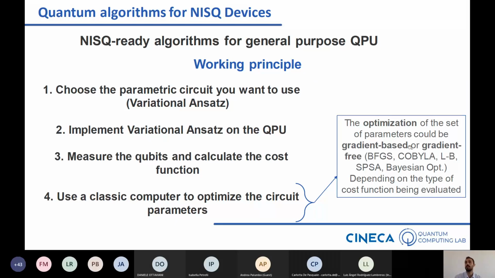You can use gradient descent or gradient based methods, for example COBYLA. Depending on the type of cost function, somehow it's more convenient to choose one. But these are classical optimization methods.